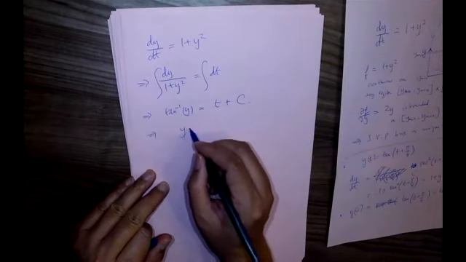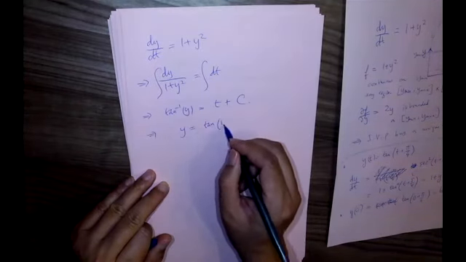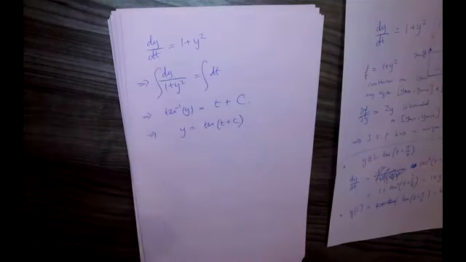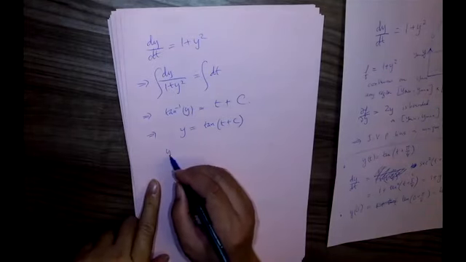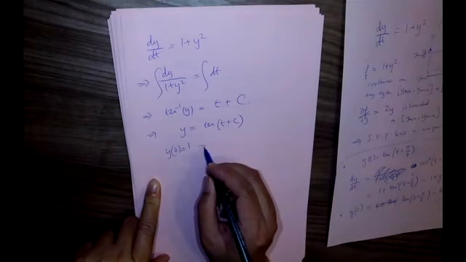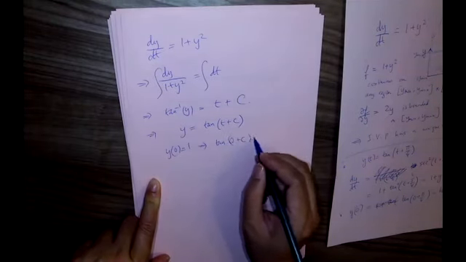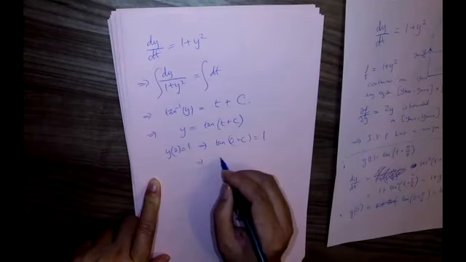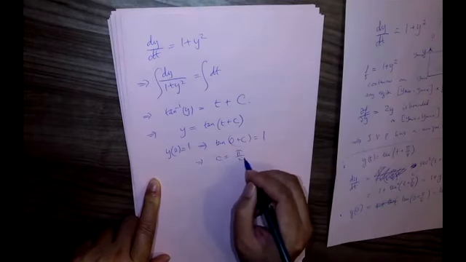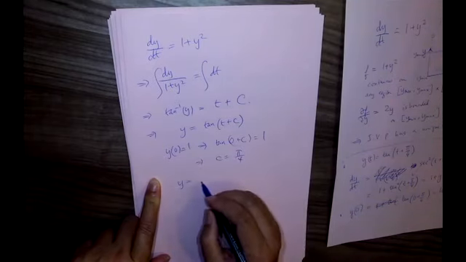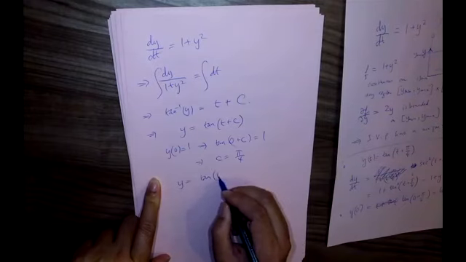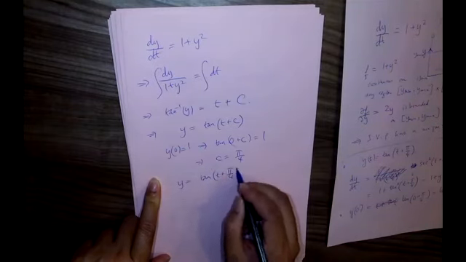It means that y equals tan of t plus some constant. And then you just put in the initial condition. y0 equals 1 implies that tan of 0 plus c equals 1. So therefore c has to be pi over 4. So y has to be tan of t plus pi over 4.